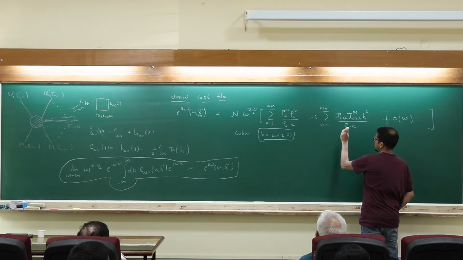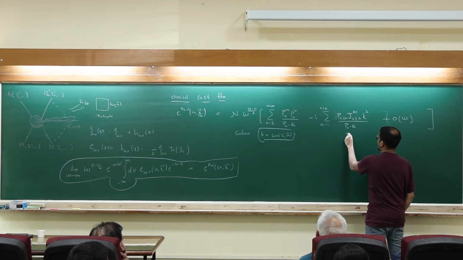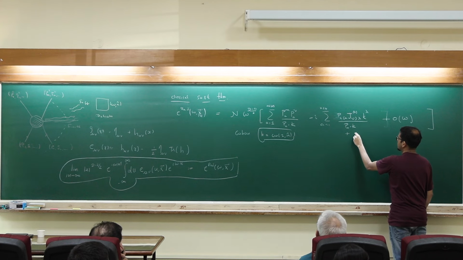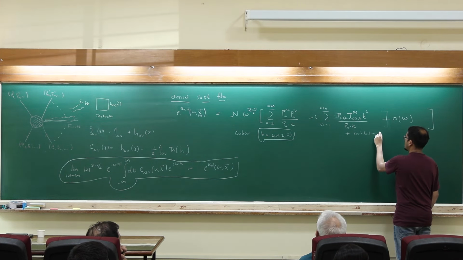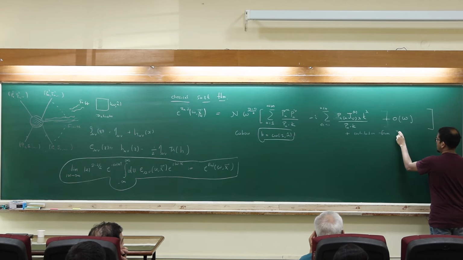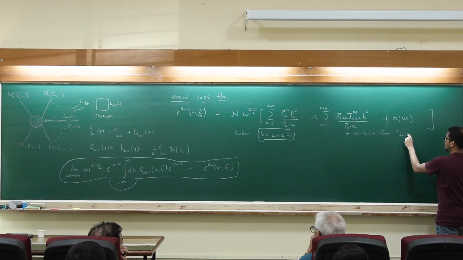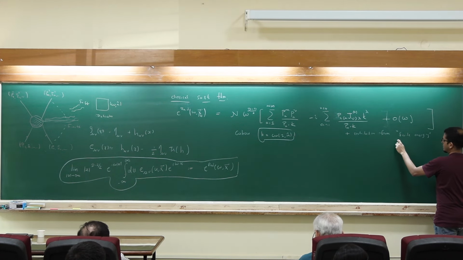I'm just going to write, but of course we will be explicit about it right now, just to not make a mess of the formula, plus contribution from finite energy as opposed to soft, and I will try to explain what this exactly means. Finite energy gravitational radiation.